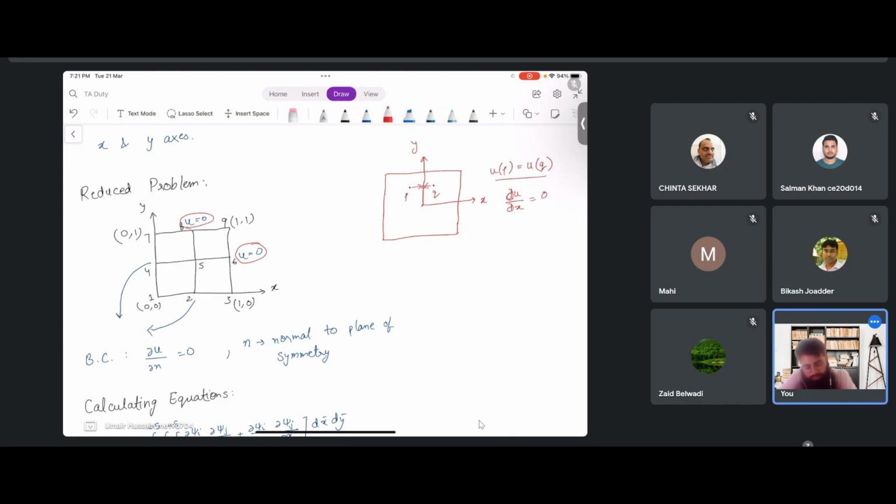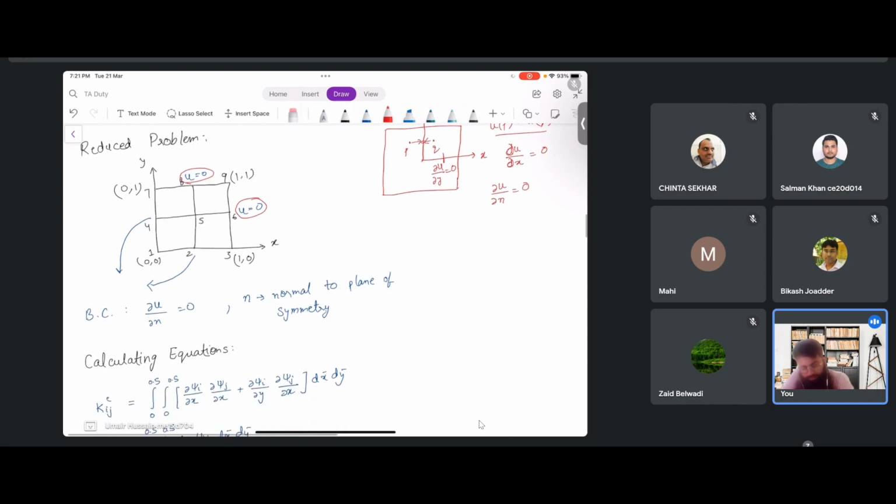Or in this plane, the slope in the y direction would be zero. It's better to write, for any general plane, that it should be equal to zero. So we'll have this kind of boundary condition, that is the Neumann boundary condition, on the bisected planes.